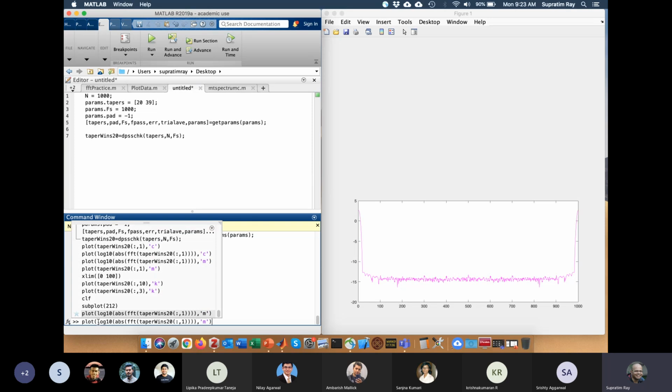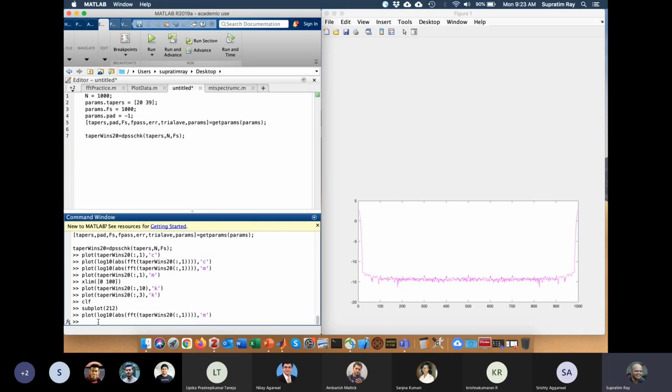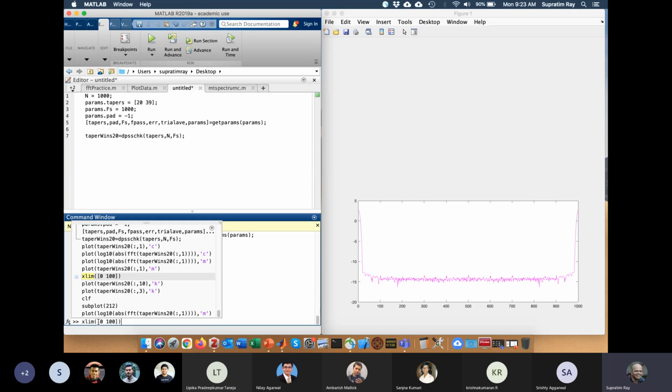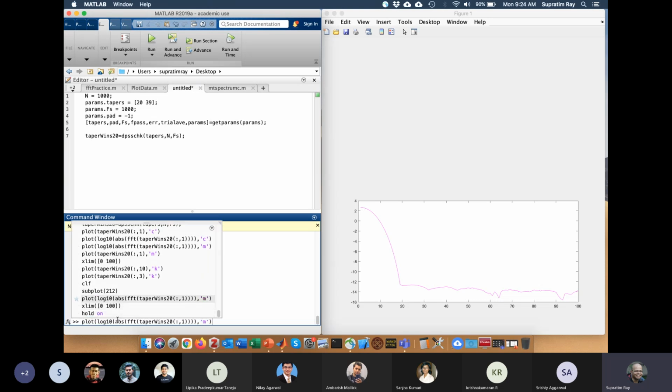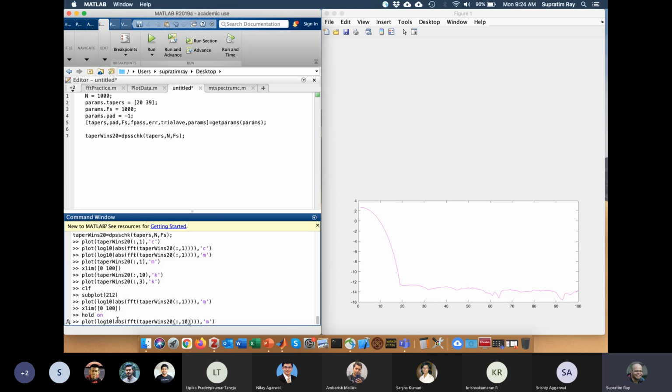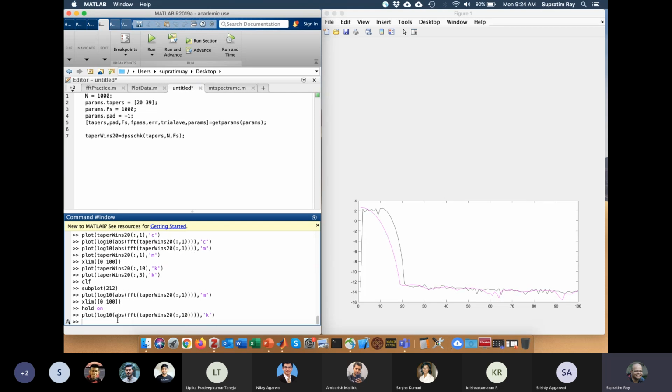Yeah, this is what I had shown earlier. Now this is for 500, the entire duration. So now I'm just going to look at 100 hertz. And now if I hold on and plot the 10th one in black, this is how it's going to look.